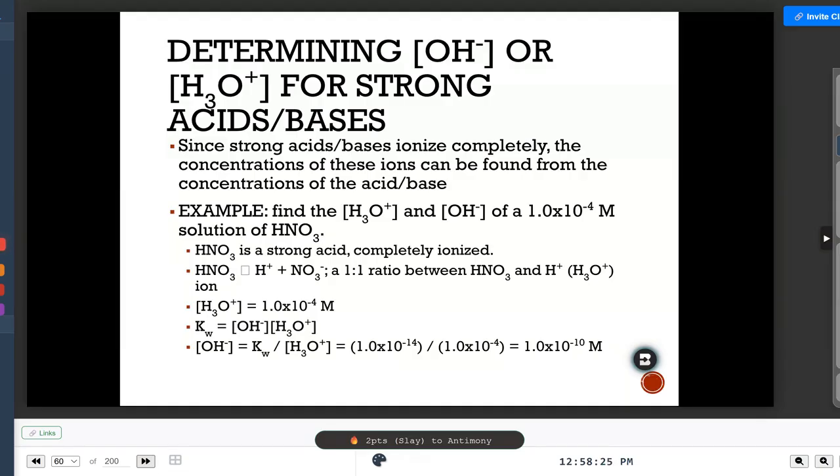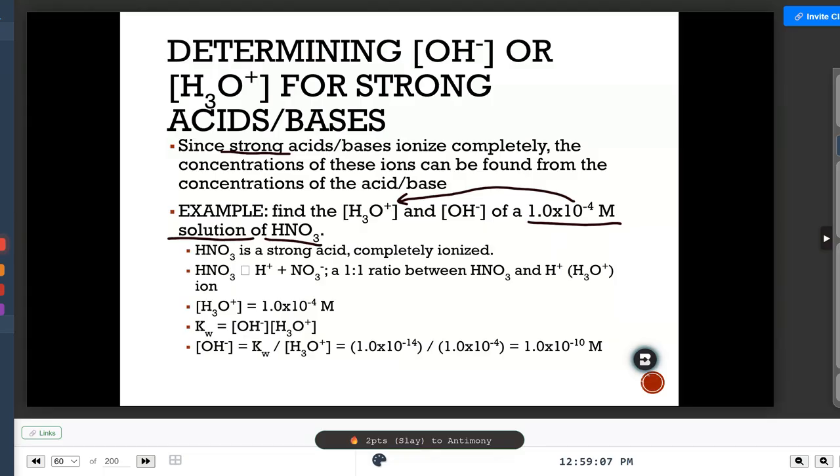But what this means for us is that if we have a strong acid or a strong base, and we are given the concentration of the solution of the actual acid, then we can translate that into the concentration of the hydronium ions, if it's an acid, or of the hydroxide ions if it's a base. So if it's a strong acid, the concentration of the acid is the concentration of the hydronium ions. If it's a strong base, the concentration of that strong base is equal to the concentration of the hydroxide ions.